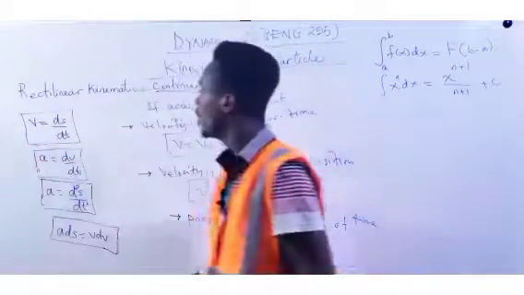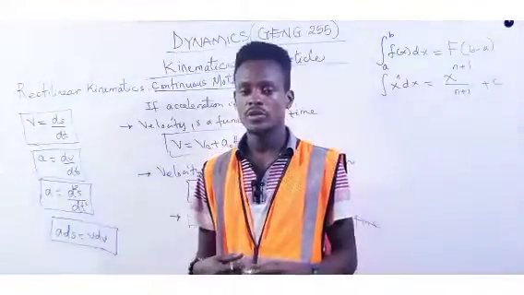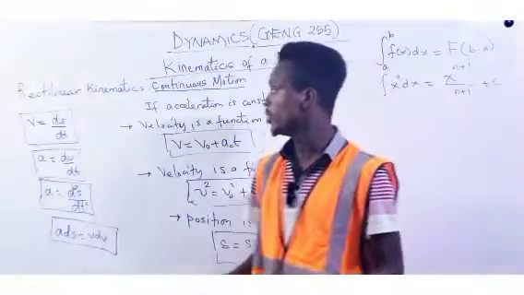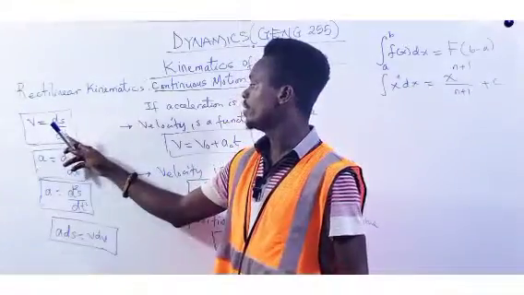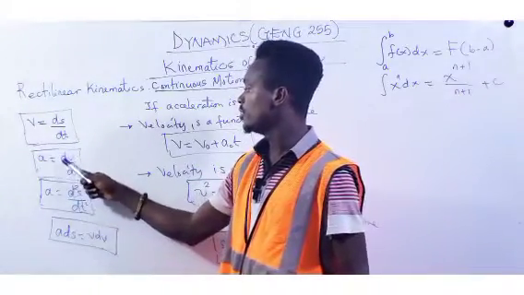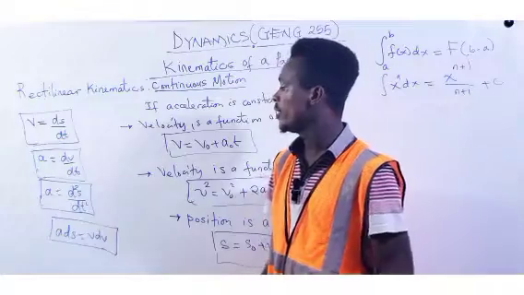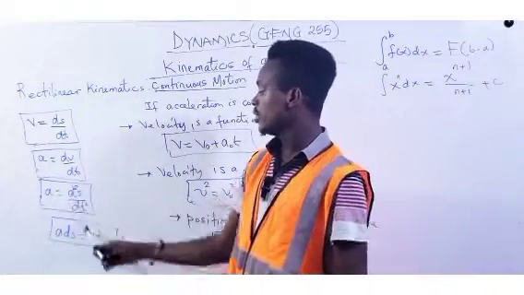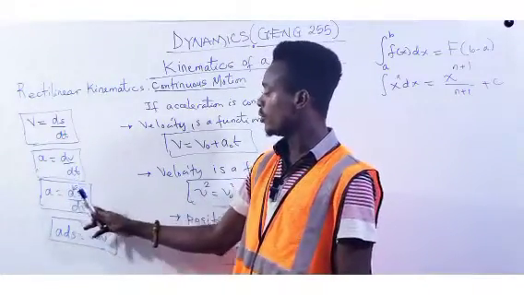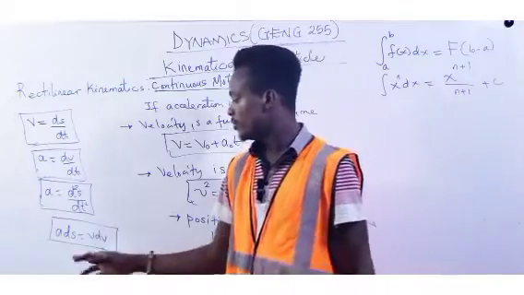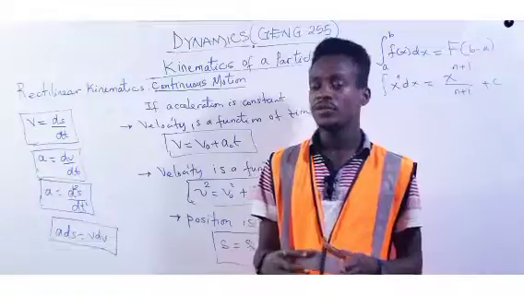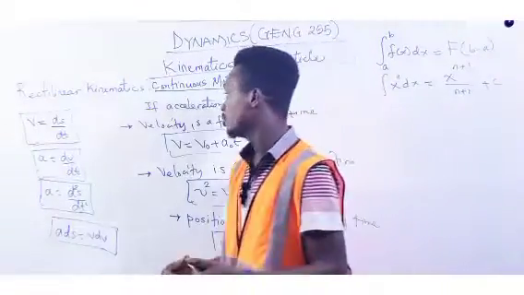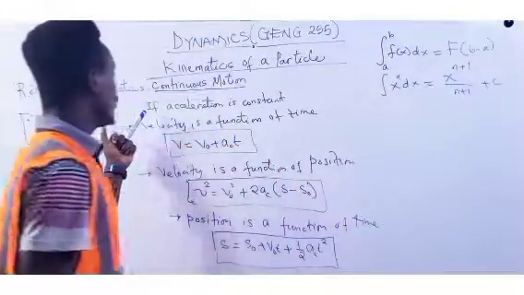So again, if we have a continuous instantaneous motion, the velocity will be equal to the derivative of the position with respect to time, and the acceleration will be the derivative of velocity with respect to time, and our acceleration is the second derivative of the position with respect to time. And we also have a ds equal to v dv, which relates acceleration, velocity, and position.